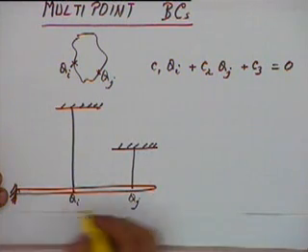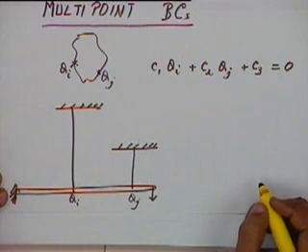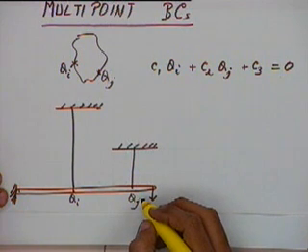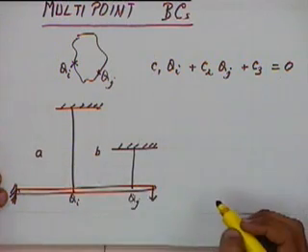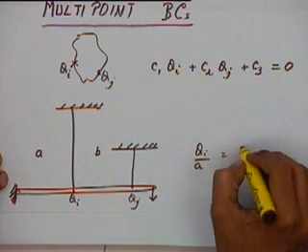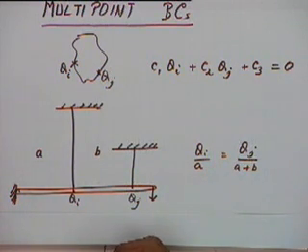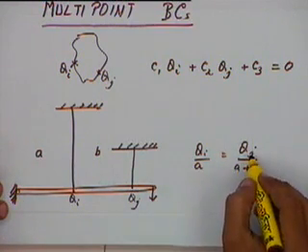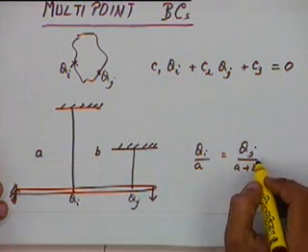The lever is hinged at one end and we are applying some load at the other end. Then Qi and Qj have to be related in a linear manner. Let us say if this distance is a and this distance is b, we will get a relationship of the type that Qi by a will be equal to Qj divided by a plus b. So this is a constraint which is relating displacements Qi and Qj, and this is what we refer to as a multi-point boundary condition.